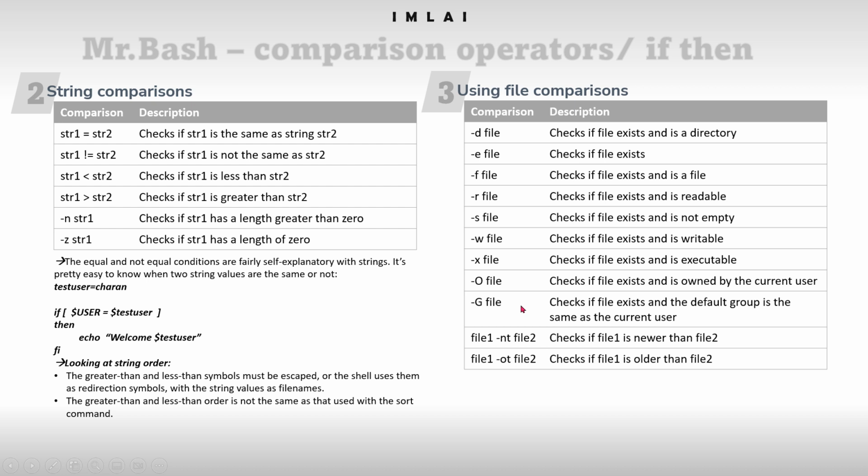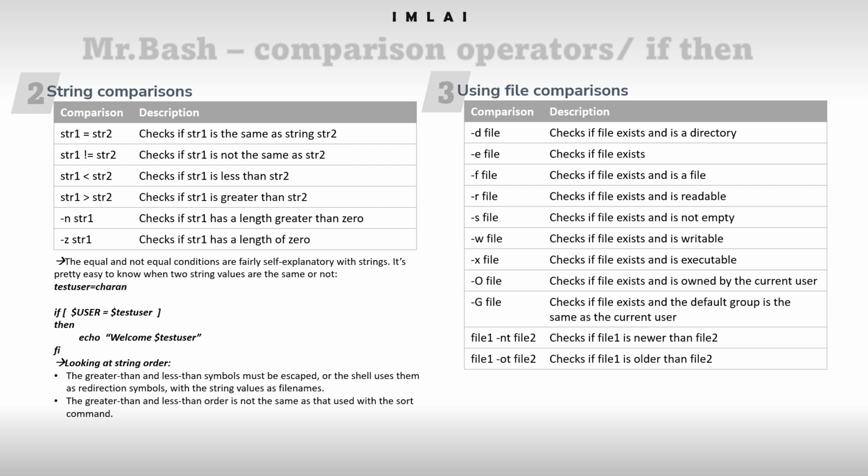Similarly, for capital -G, it checks if the file exists and the default group is the same as the current user. Similarly -x checks if the file exists and is executable. And -w checks if the file exists and is writable. And -s checks if the file exists and is not empty.